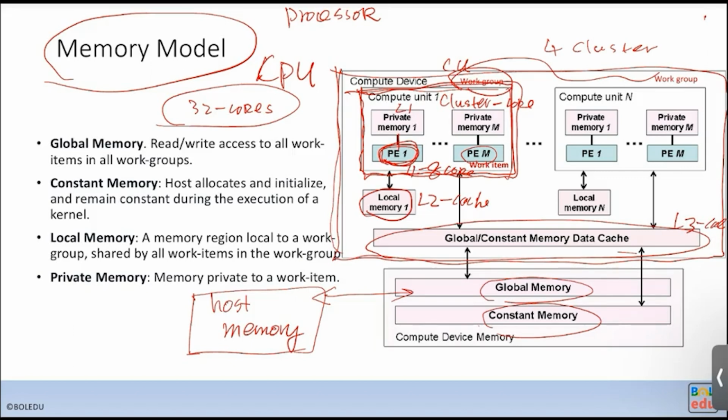It's different from a CPU. For a CPU, the memory is guaranteed to be globally coherent. Whenever there is an update in the cache, even in the L1 cache, the update will be broadcast to other places, because in the CPU there's only one globally visible address space.